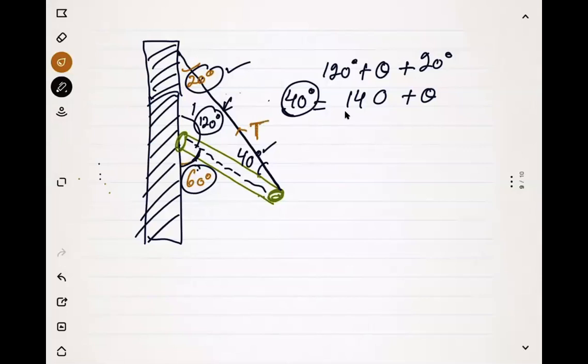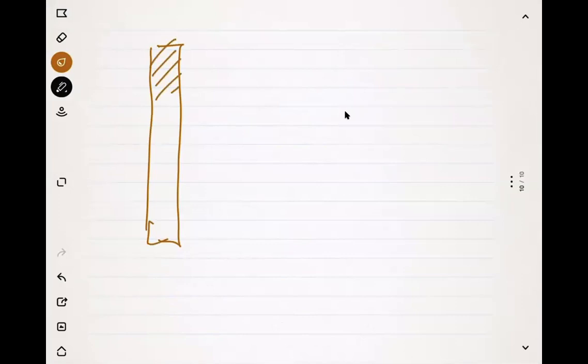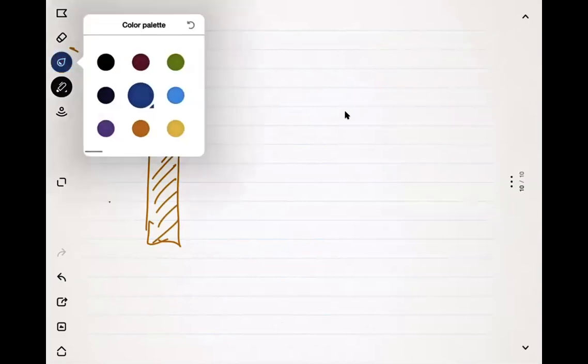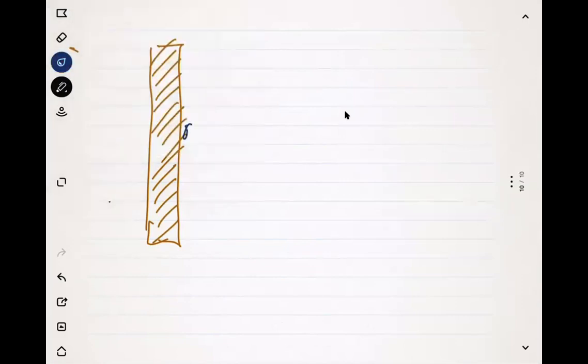With the row of the angle, the tension is T. Now to calculate the moment for T, we have to resolve T into its components. So this was a rod. Now if we resolve tension into its components, this angle is 40 degrees.